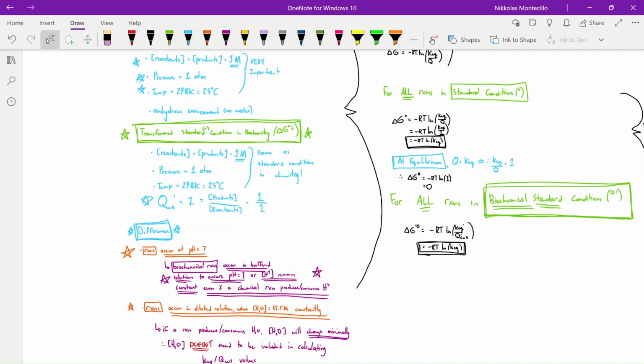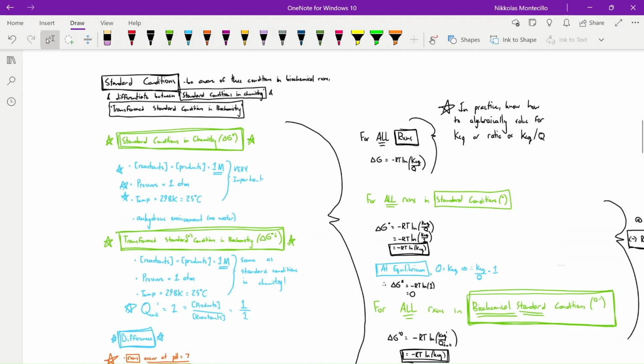Reactions occur in dilute solution, where the concentration of water is 55.5 molar at a constant. If a reaction produces or consumes water, the concentration of water will change minimally, and therefore the concentration of water doesn't need to be included in calculating the equilibrium constant over the quotient of the cell values.